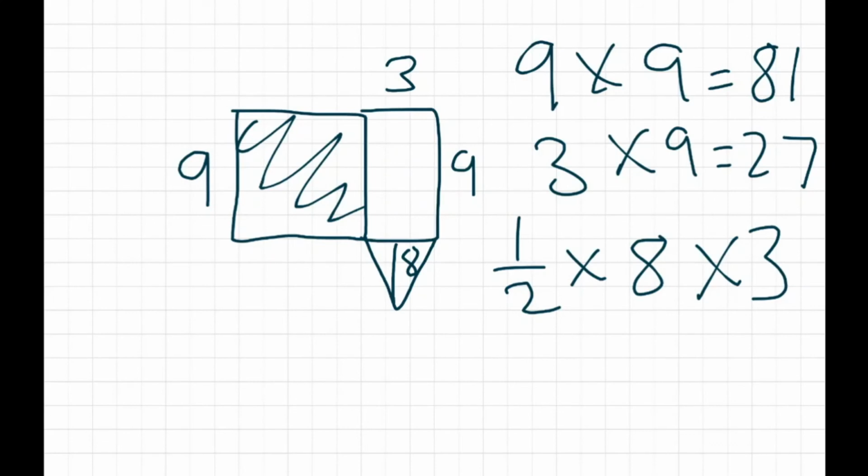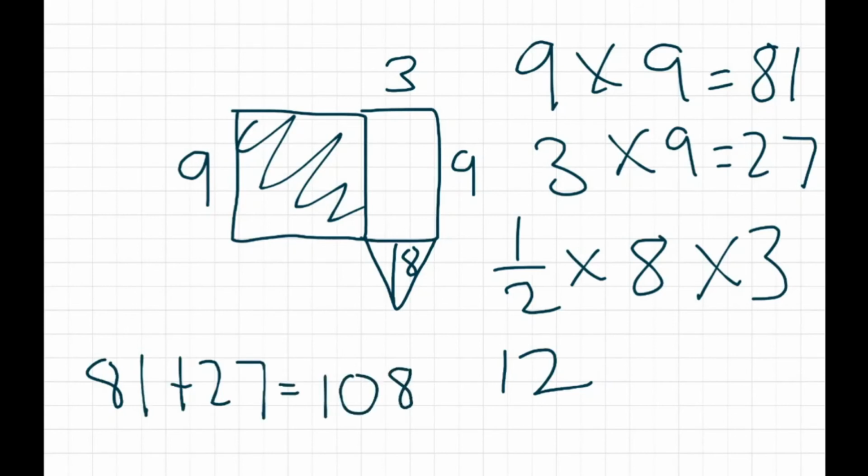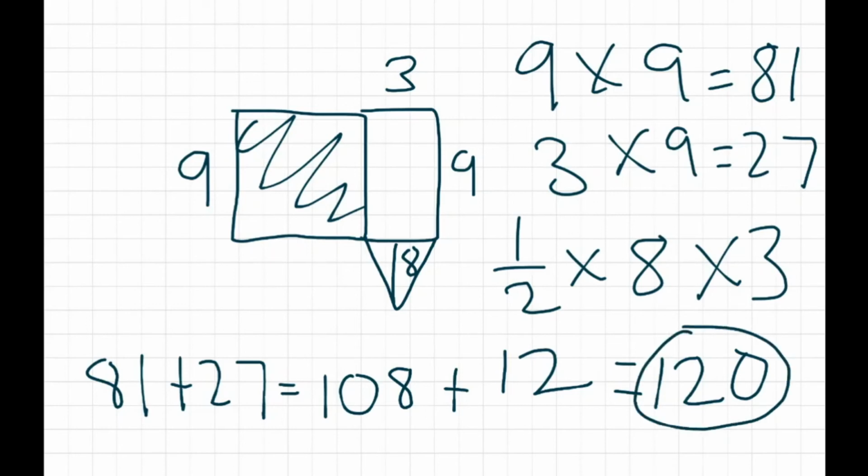So 8 times 3 is 24 and half of 24 is 12. So to get the area, you would add up all of these numbers together, and 81 plus 27 is equal to 108. And then 108 plus 12 is equal to 120. So therefore, the area of this shape is equal to 120.